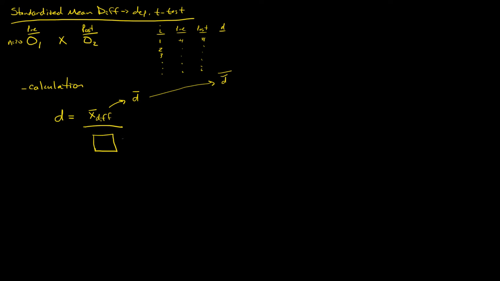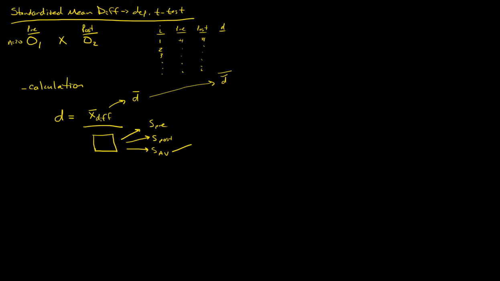Now, what can go in the box? You could put in the standard deviation for the pre. You could put in the standard deviation for the post-test. You could put in the standard deviation for the average of the pre and the post.